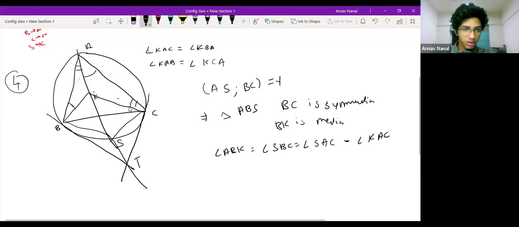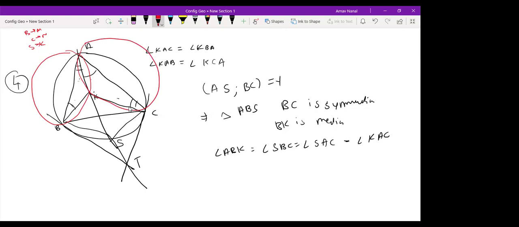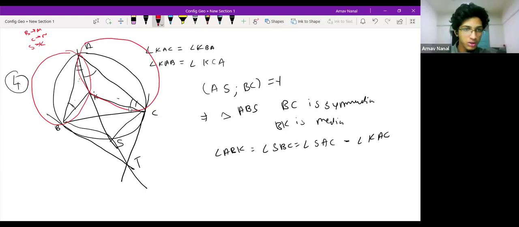Okay, so an obvious corollary to this is that if you draw these circles, wait, so ASBC is a harmonic quadrilateral? Yes, because tangents at B and C intersect on the line AS.